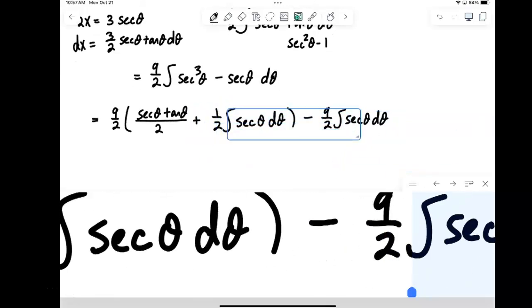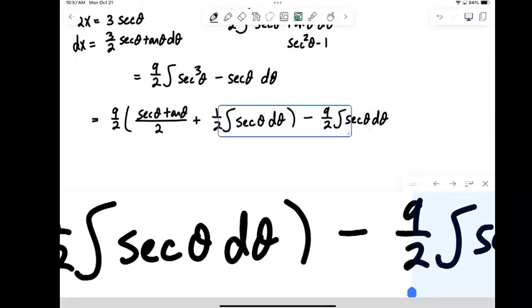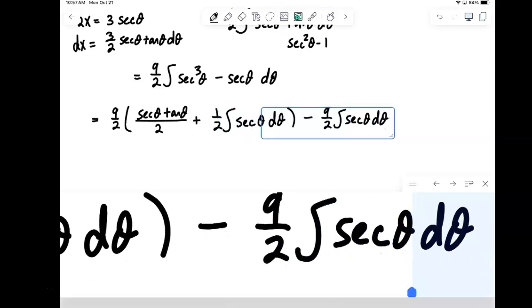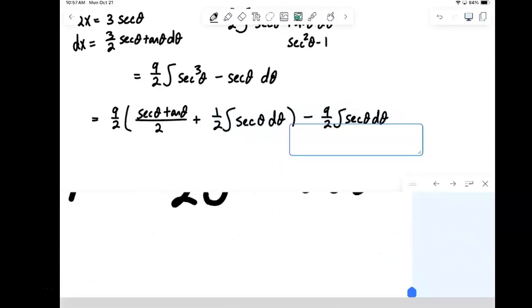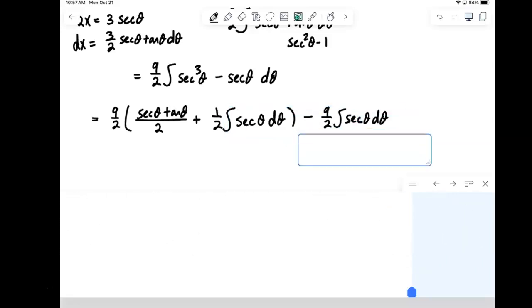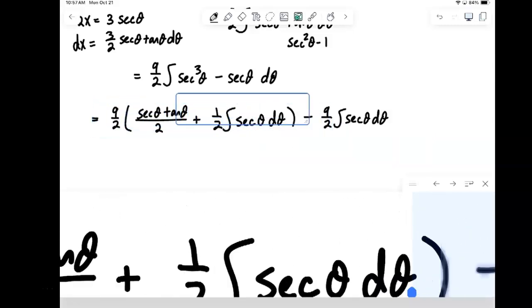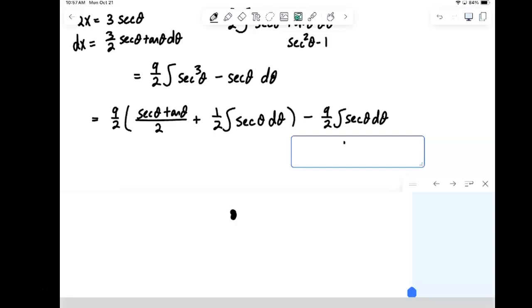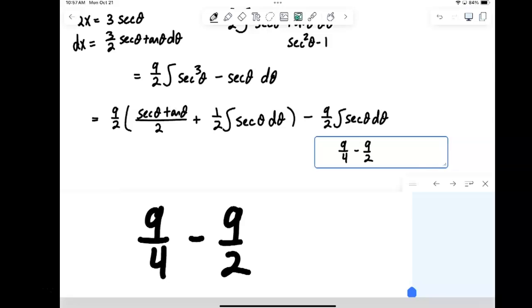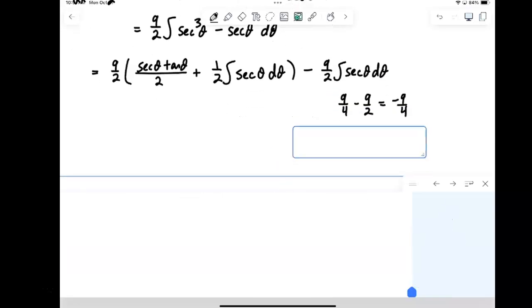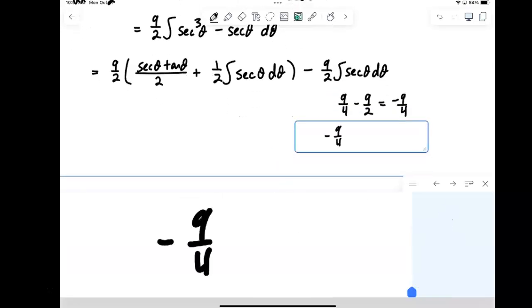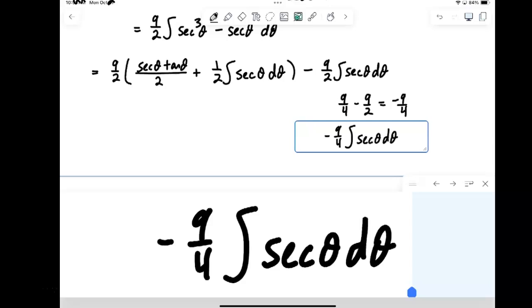So this part we could clean up. 1/2 times 9/2 will be 9/4, minus 9/2, which will be a negative 9/4. So that's going to be a negative 9/4 integral secant theta d theta.